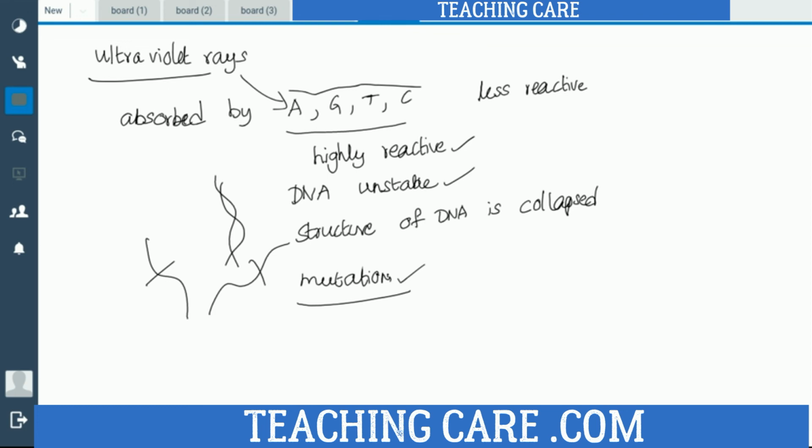Highly reactive means the DNA is unstable. When DNA becomes unstable, both the strands get separated and may even break. When the strands break, it causes mutations.